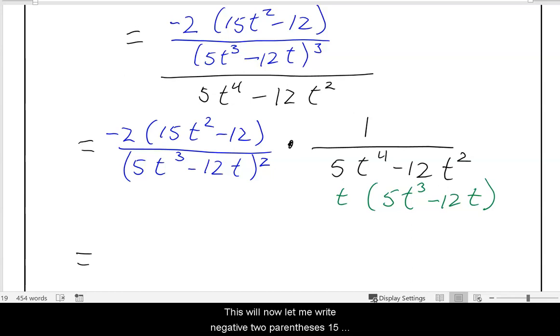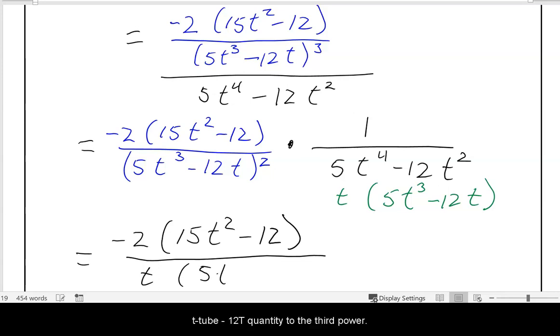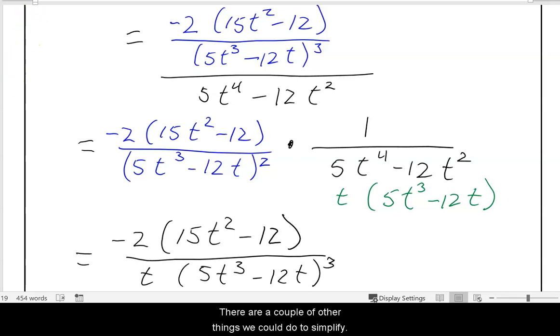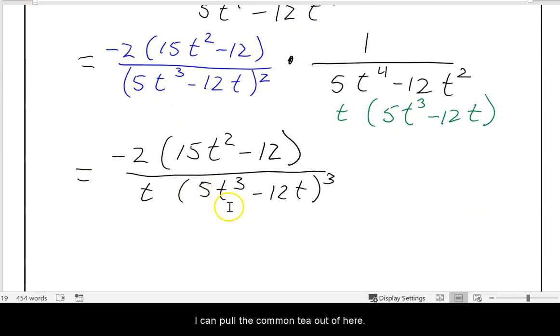This will now let me write negative 2 parentheses 15t squared minus 12 all divided by t times the quantity 5t cubed minus 12t quantity to the third power. There are a couple of other things we could do to simplify it. I could pull the common t out of here.